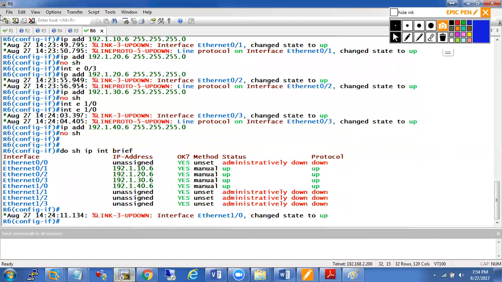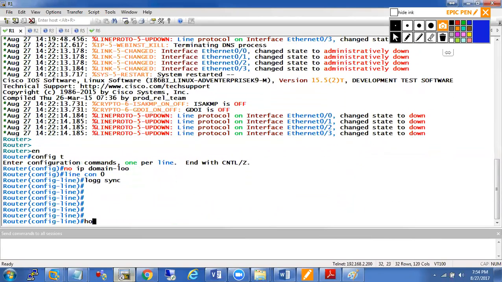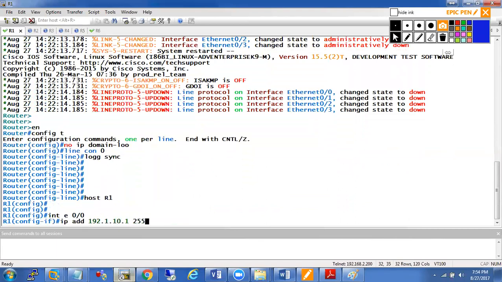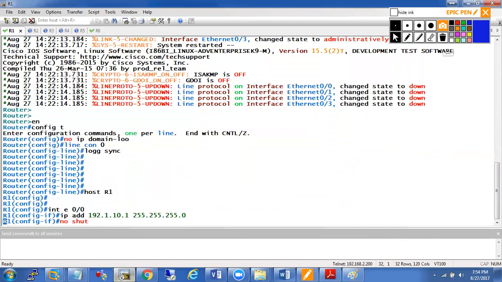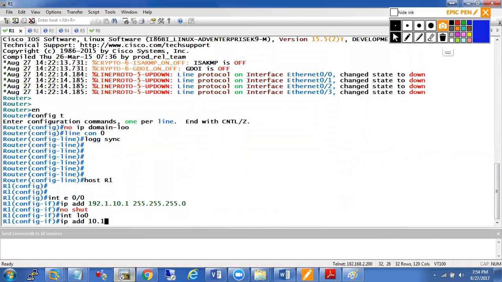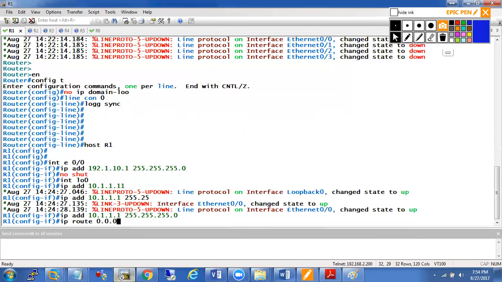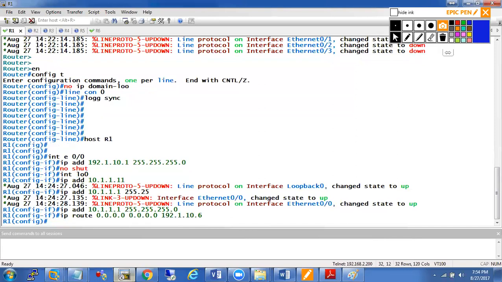All right, router 1, interface E0/0, IP address is 10.1. Create a loopback that I'm going to use for routing to the VPN. .6 is my default gateway.